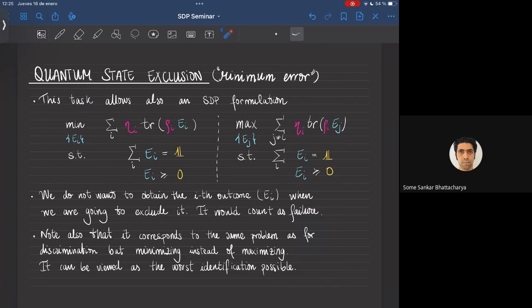Here you are saying that it is the same thing as the state discrimination SDP, but the minimum and maximum are now dual. Yeah, swapped. So in that case, is it guaranteed that here you will also get a solution if you have obtained some solution for the discrimination task?